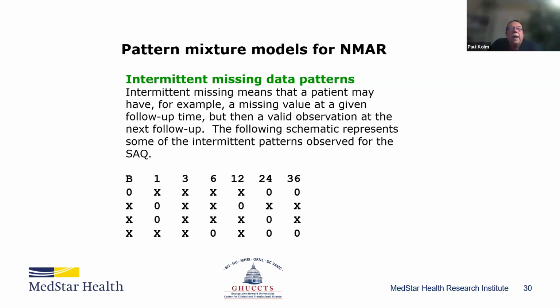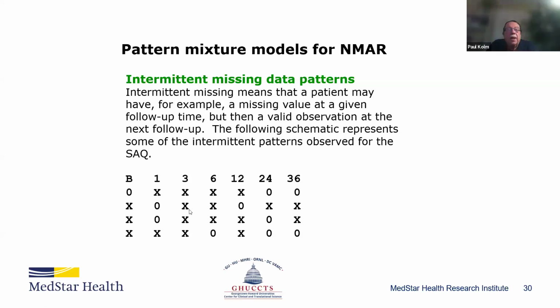But what we have then is a matrix where we would have patients with complete data from baseline to 36. Then we would have patients who are missing baseline, but they have all data out to 36 months. And then the next one would be missing baseline, missing 1 month, and complete data out to the 36 months.